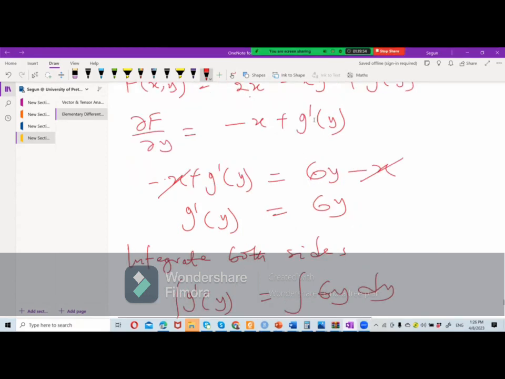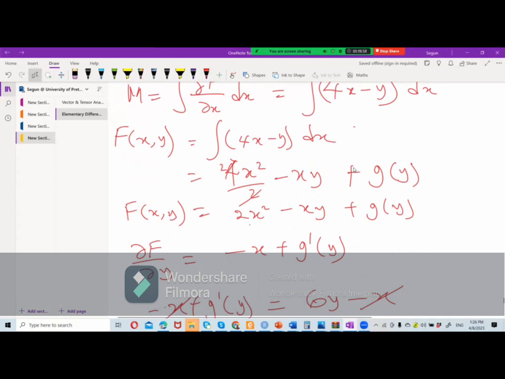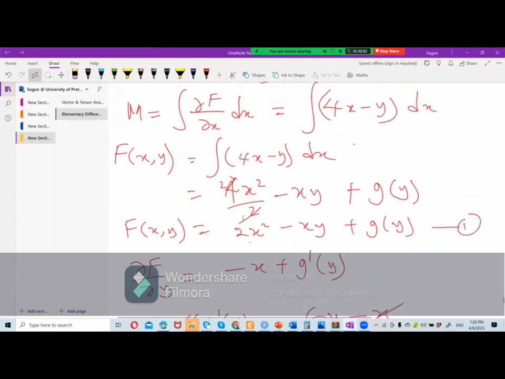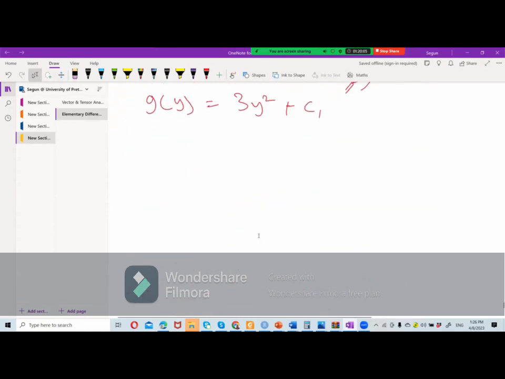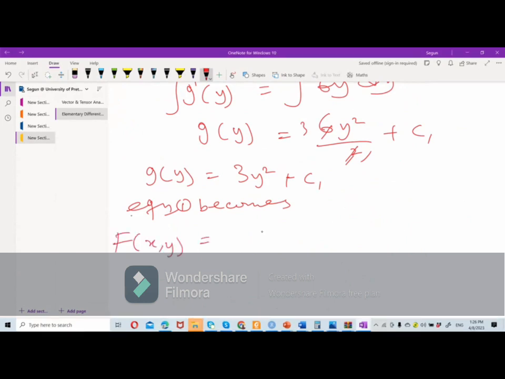So we can go back to this equation. Let's call this one equation 1. Let's go back to equation 1 and substitute it here. So equation 1 becomes f of x comma y equals to 2x squared minus xy plus 3y squared plus c1.